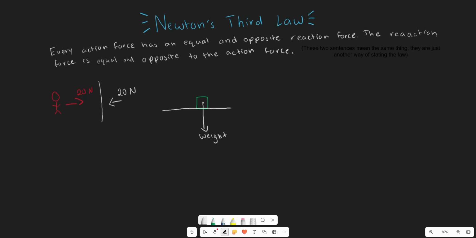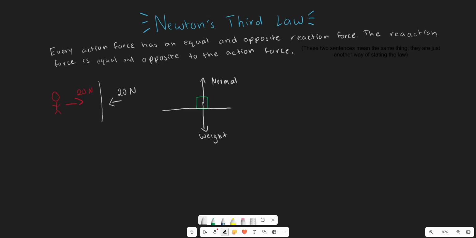So we have that force downward caused by gravity. And what's causing the box not just to keep falling? It's the force of the surface. The ground is pushing back up on the box with an equal and opposite magnitude known as the normal force. So these two forces are equal and opposite. And that's an example of Newton's third law in our everyday lives.